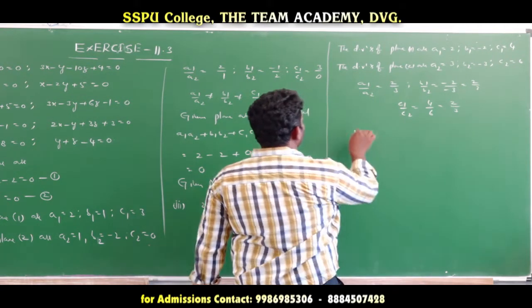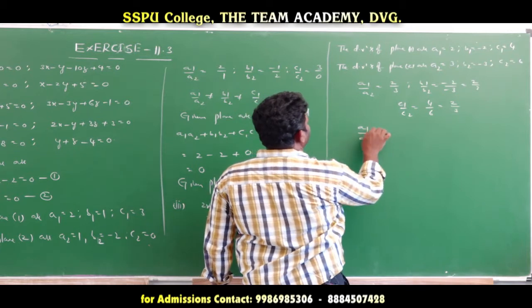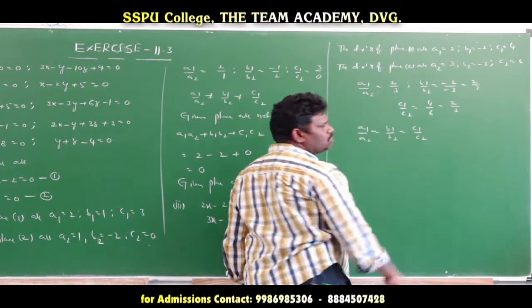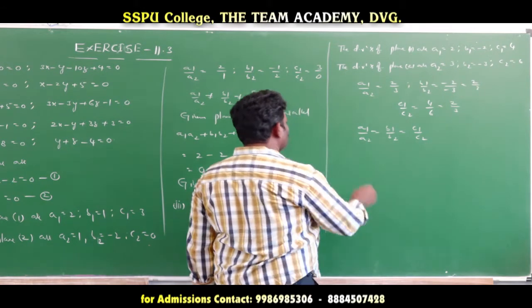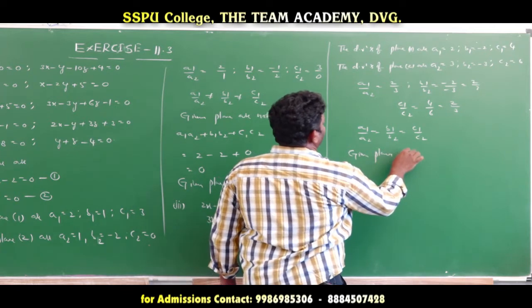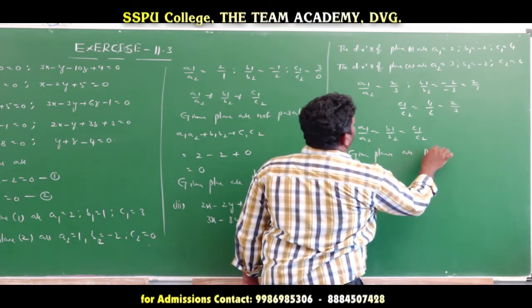Here what we verify? Ratios are equal: A1 by A2 is equal to B1 by B2 is equal to C1 by C2. Therefore, the given planes are parallel.